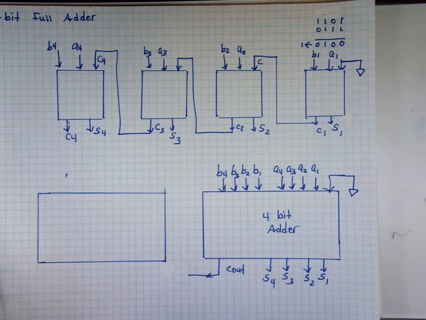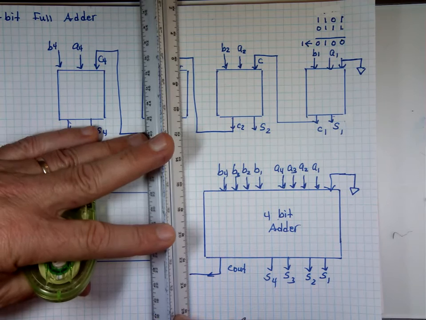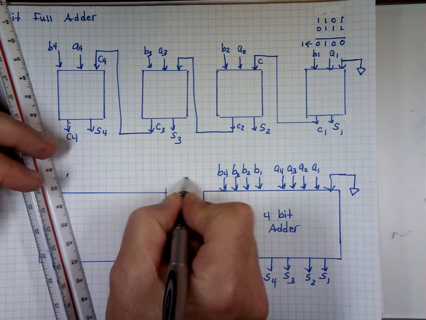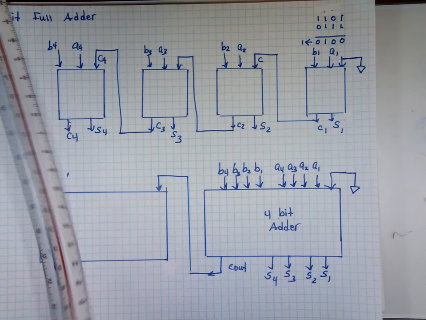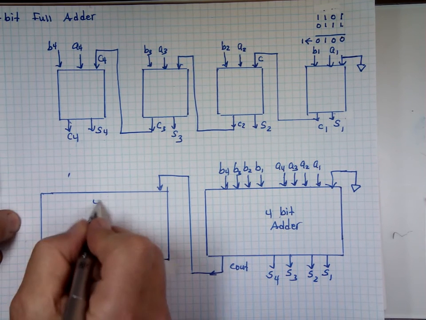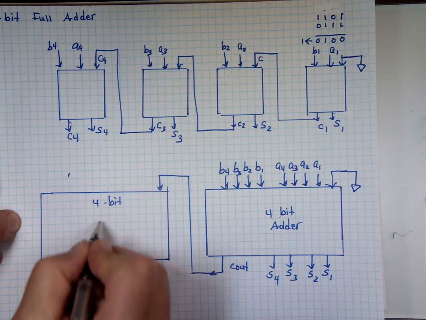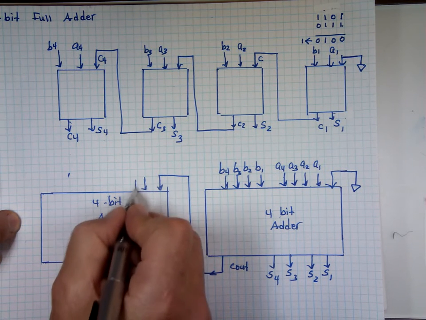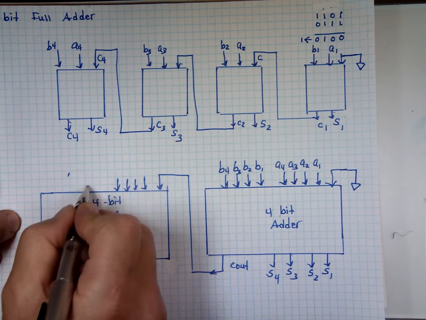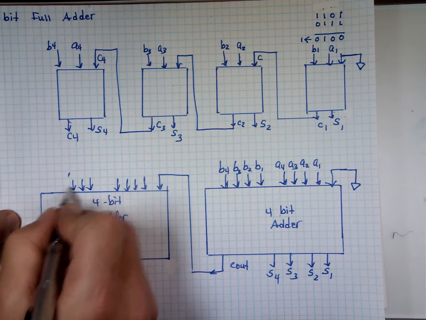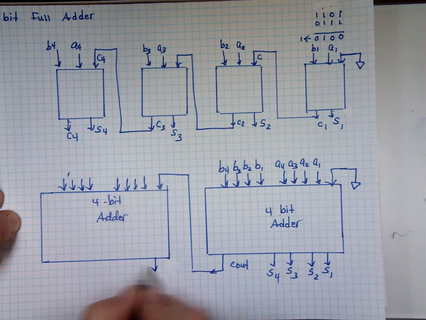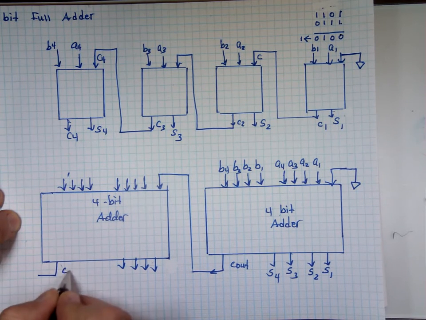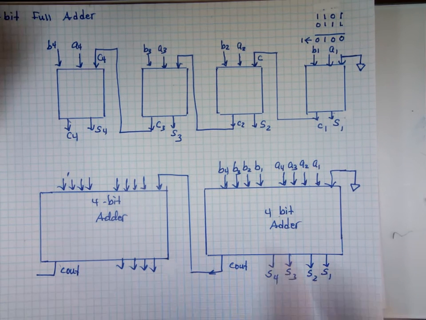Move it up and have it feed to the next one. That's another 4-bit adder. And you have 4 inputs again, another 4 inputs, A and B, 4 outputs, S1, S2, S3, S4, and you have a carry out. Now you have an 8-bit adder.